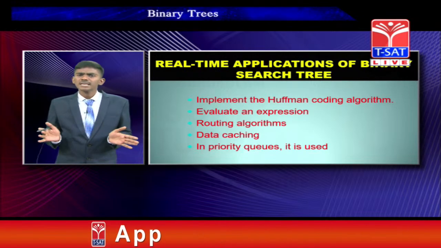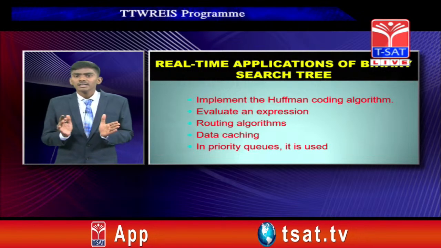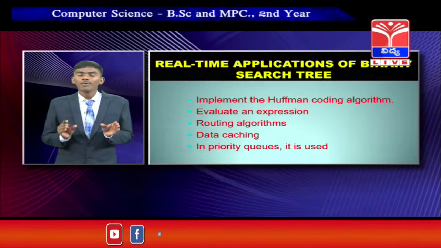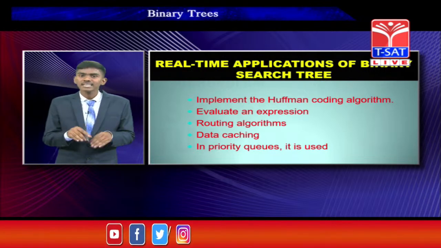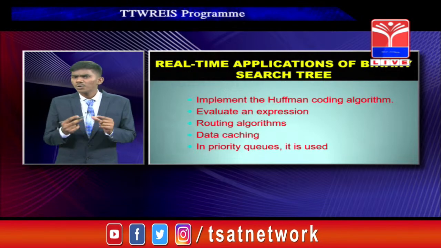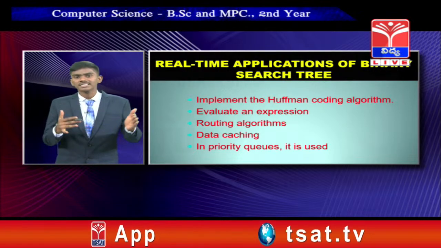Data caching is a process where we can store multiple copies of data or multiple copies of files in a temporary storage location. That stored data can be represented in the form of binary search trees.